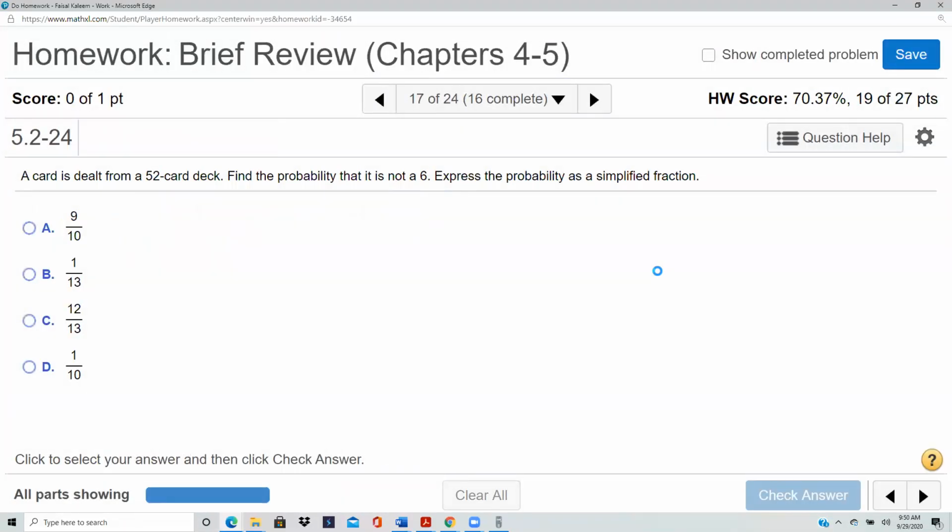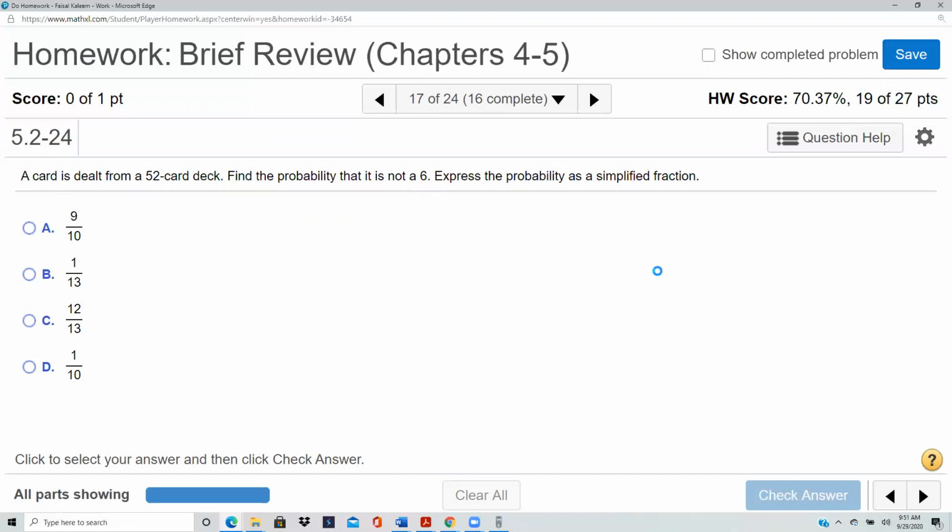A card is dealt from 52. Find the probability that it's not a 6. So how many 6s do we have in the total deck? 4. But we want it to be not 6.